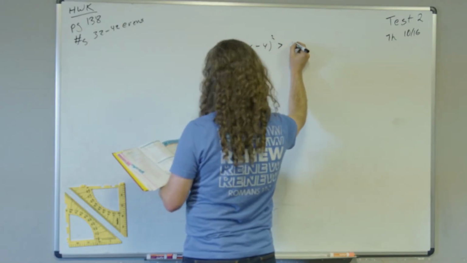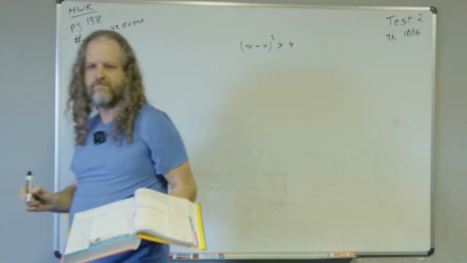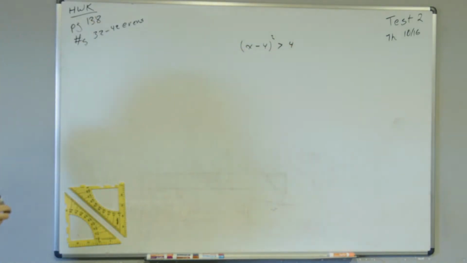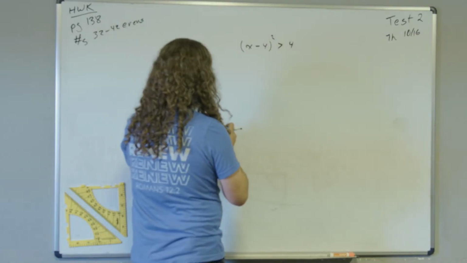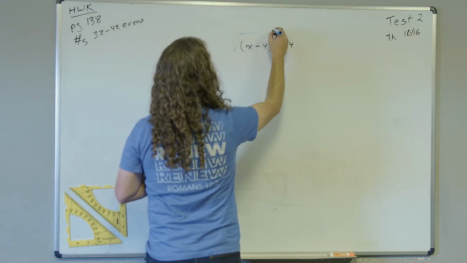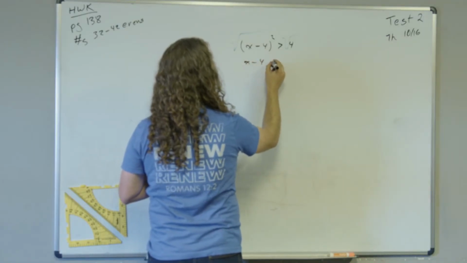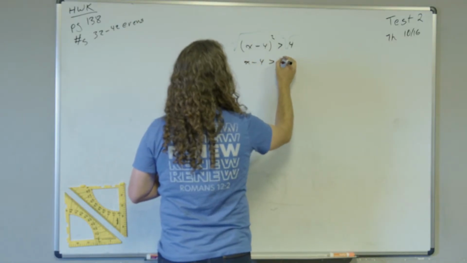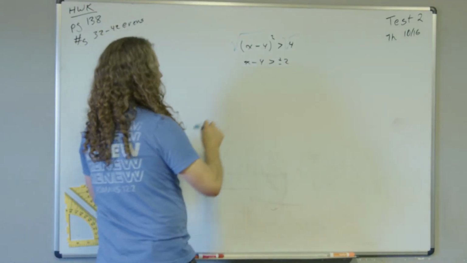Greater than, x minus 4 quantity squared greater than 4. So what should we do? Square root both sides sounds like a great idea. Take the square root of both sides. So we end up with x minus 4 is greater than plus or minus 2. Then we add 4.